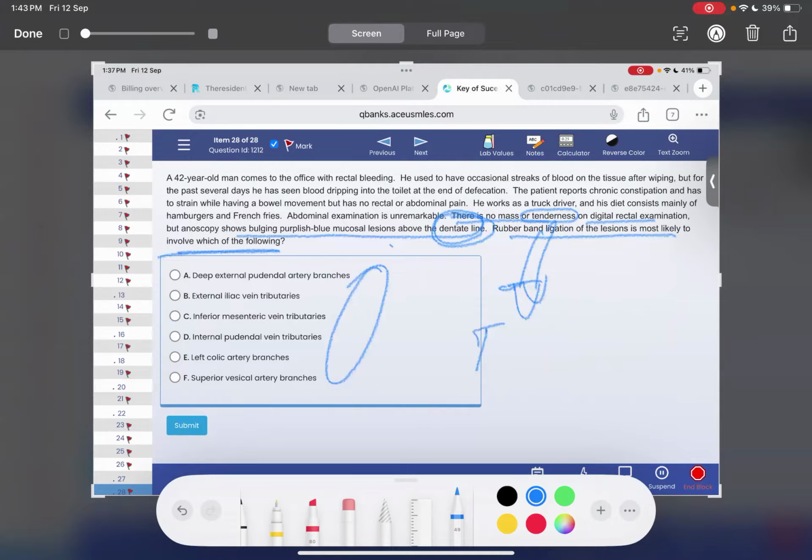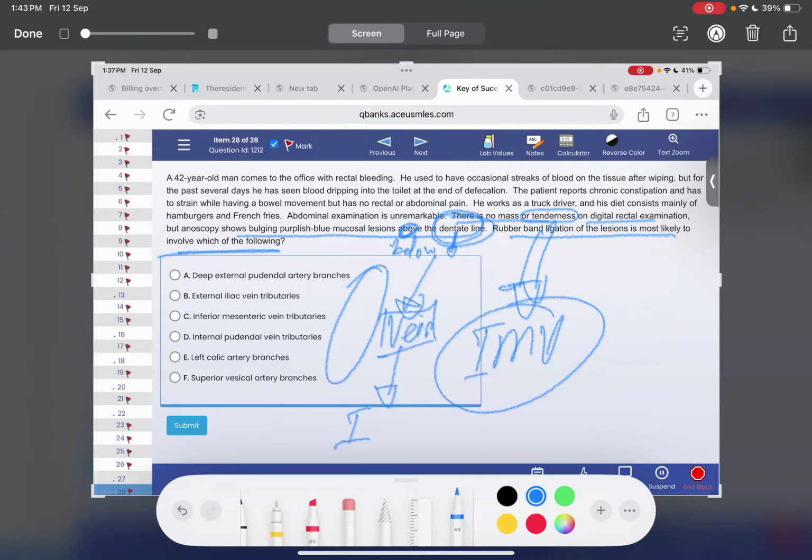Inferior mesenteric vein tributary. Perfect. If it is below the dentate line, what will be your vein? Internal iliac vein. Perfect.